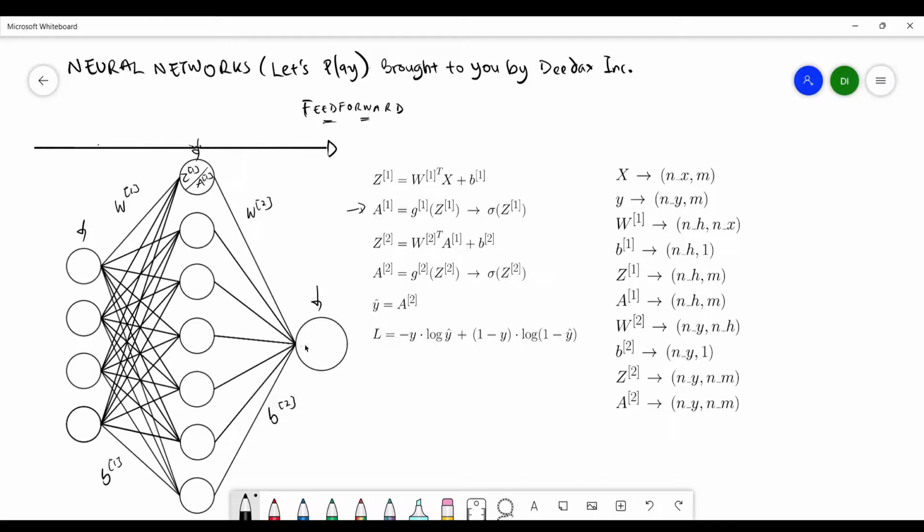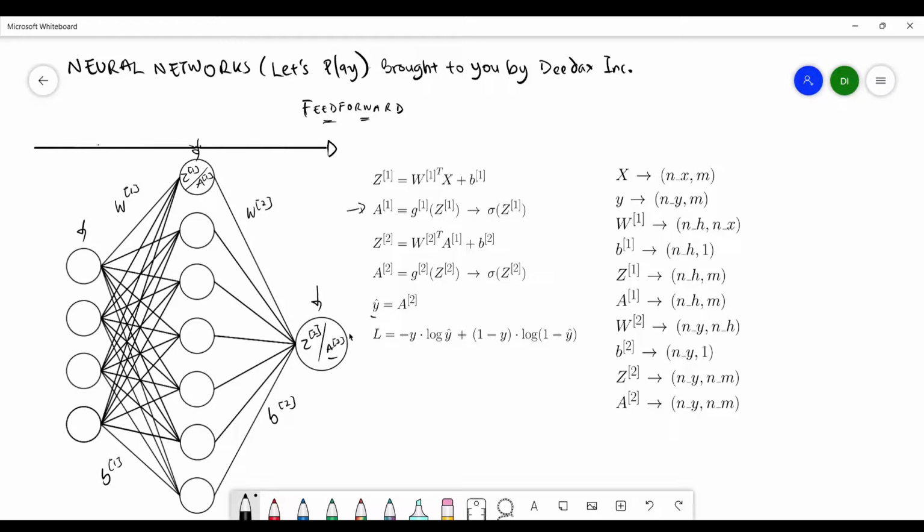This gives rise to Z2. That also passes through an activation, in this case sigmoid, to give us A2. A2 is our neural network's hypothesis, in other words, its prediction.